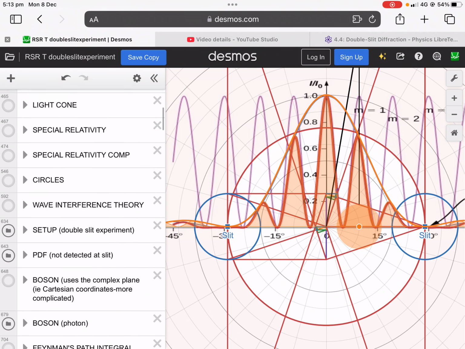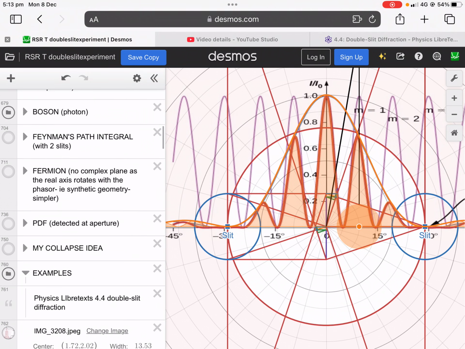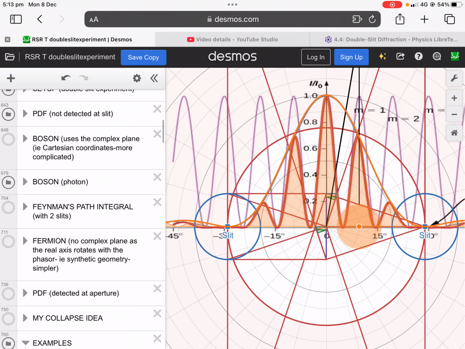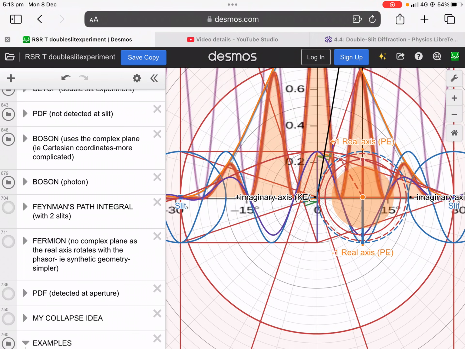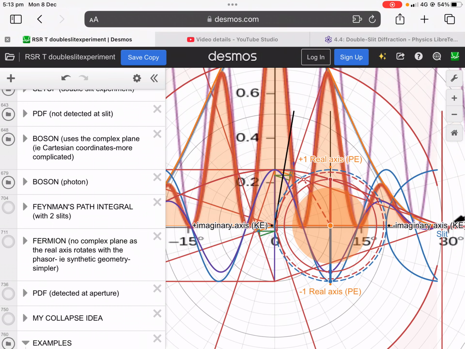So there's 2 ways to calculate it. One is to use Cartesian coordinates, which is the usual way, where you just project everything onto the real axis.